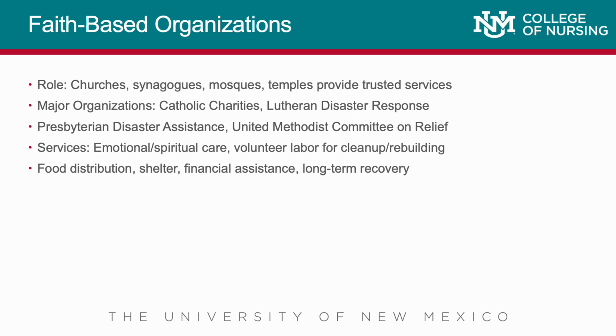But those are just a few. Remember, major organizations also include Lutheran Disaster Services, Presbyterian Disaster Assistance, and the United Methodist Committee on Relief. And all of these provide a lot of food distribution and a lot of spiritual care.